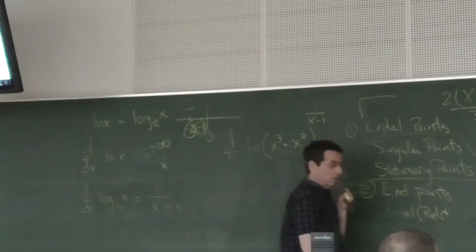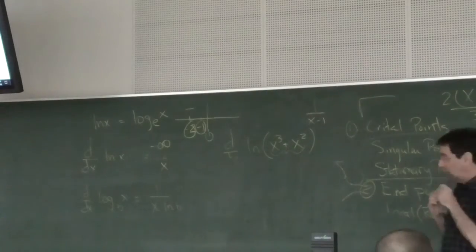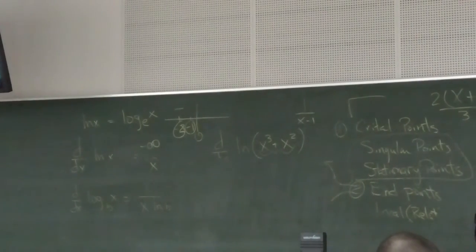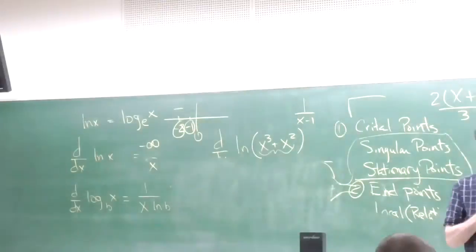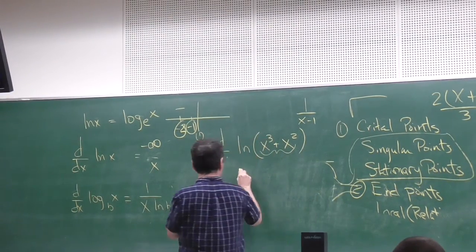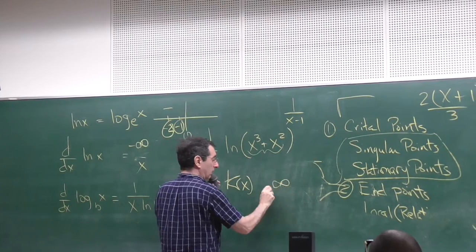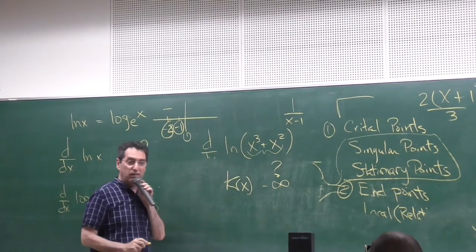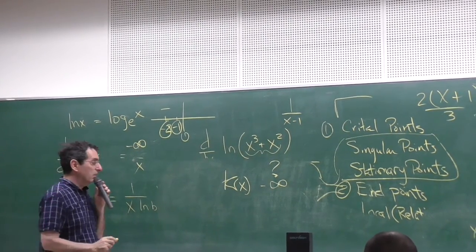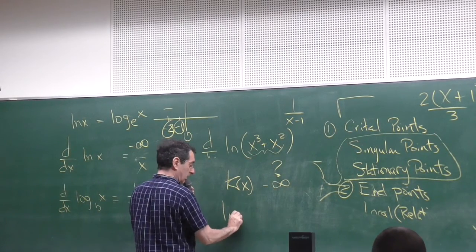What's the name of this function? K. So we're talking about K, and we're wondering what it looks like at negative infinity.